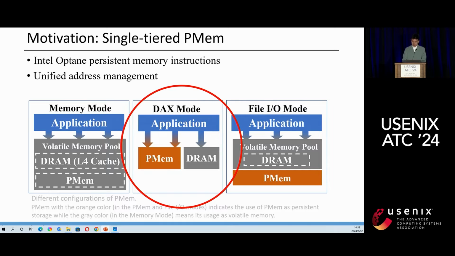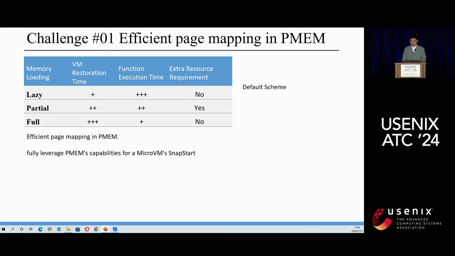However, implementing this idea is not straightforward. The first challenge is how to establish effective mappings efficiently. Common mapping approaches include lazy loading, partition mapping, and full mapping. Lazy loading has the fastest VM restoration time, but the slowest function execution time, while full mapping has the opposite effect.